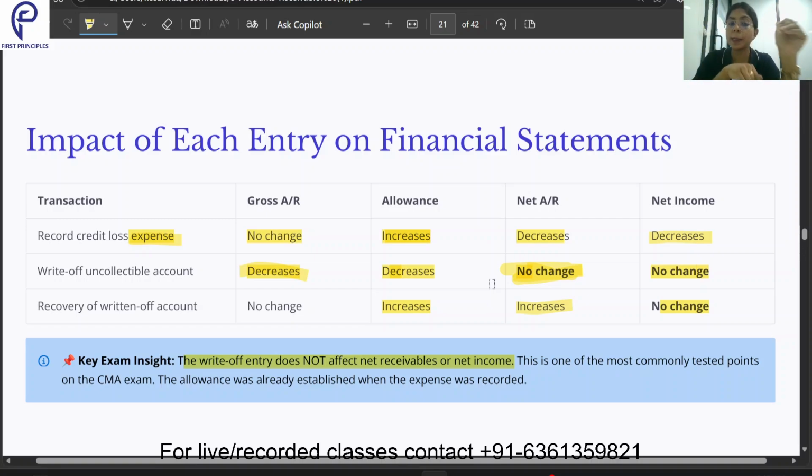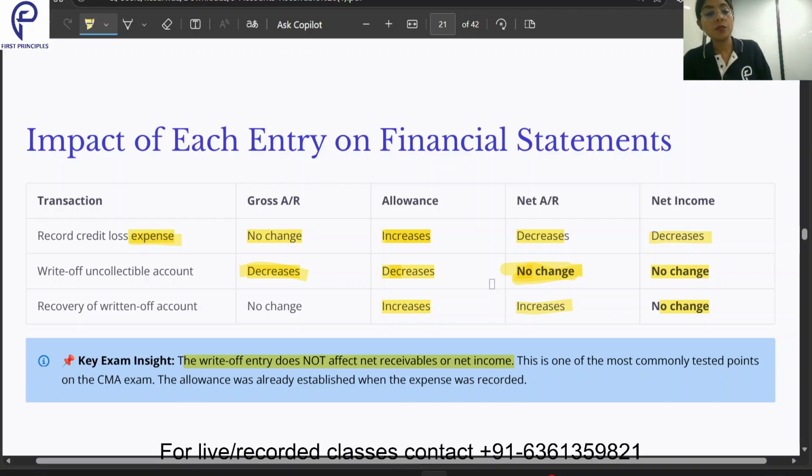So 100 minus 20, 80. Now I have written off an uncollectible account of $5. So 100 will reduce to 95, 20 will reduce to 15. So what will be my final net accounts receivable? 80 only. Previously it was also 80, and after writing off it is also 80. So there is no change. Then coming to the net income, there is going to be no change in my net income because we are not recording any expense on our income statement.